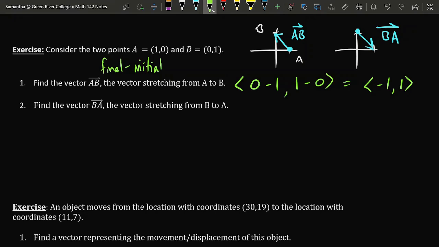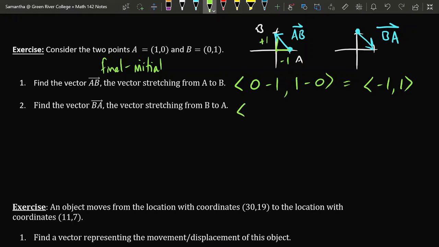based on our drawing. If I wanted to get from A to B, I would have to go -1 units in the x direction to go to the left, and +1 units in the y direction to go up. Now for the vectors stretching from B to A, the roles of final and initial are swapped.